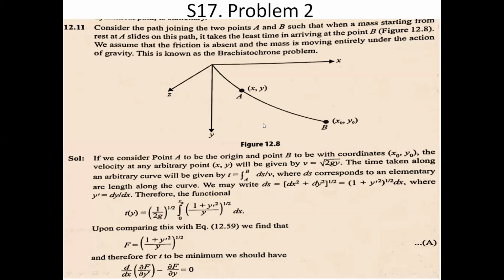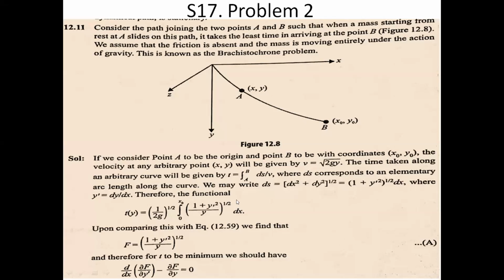If I compare this with our functional, I find the functional is actually a function of position coordinate, velocity coordinate, and time. So our functional by comparison here comes out to be the square root of (1 plus y prime square) divided by y raised to the power half. So it is independent of time and depends on y and y prime.